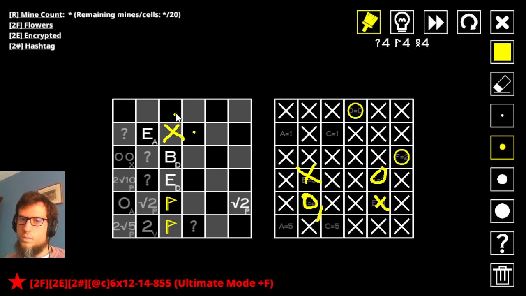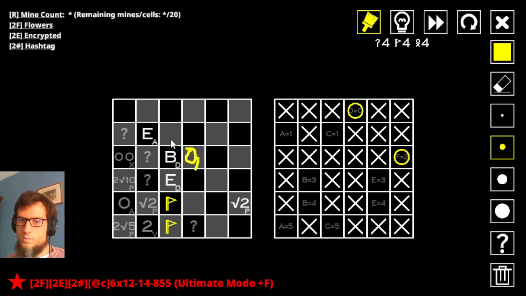Ooh, okay. Hold on. Okay, if the B is 4, can I actually fit 4 in those 6 squares while satisfying flowers? That's a question. If this is a mine, then you can only have 1 of those 2 be a mine as well, right?